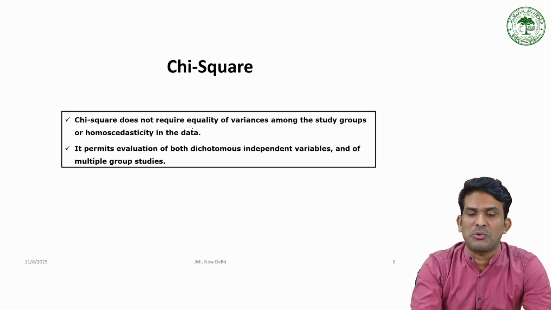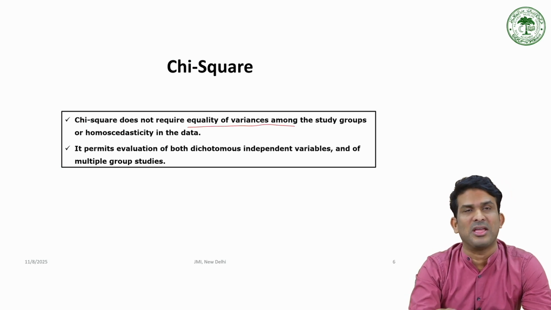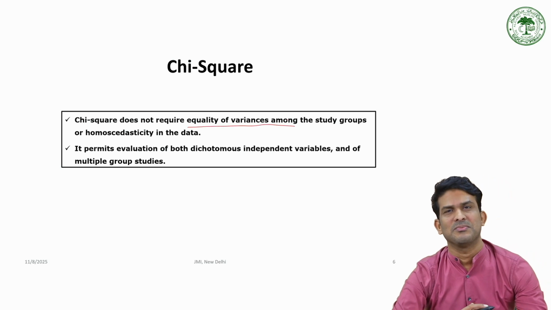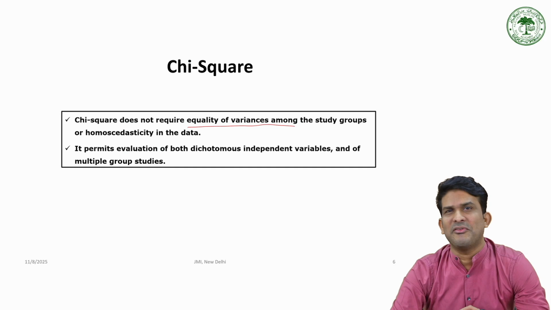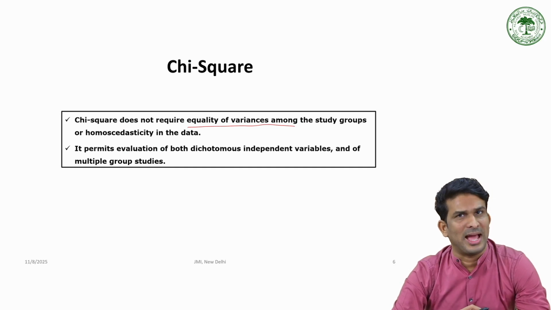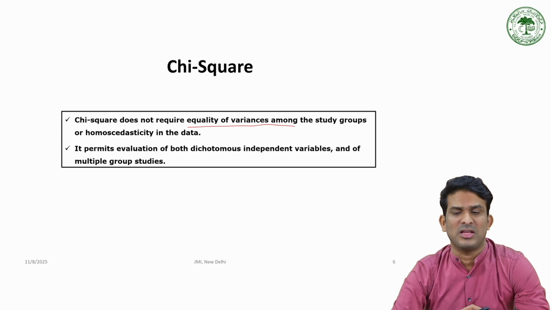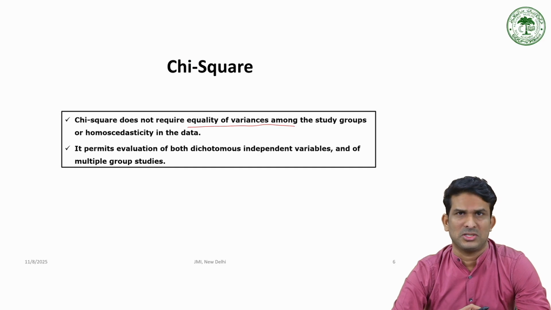Again, some of the very significant things about chi-square. Chi-square does not require equality of variance among the study groups. Say for example, if you go for t-test, or analysis of variance, one-way ANOVA or two-way ANOVA, you need homoscedasticity in your data, or we call it equality of variance. This is not required in terms of chi-square test.